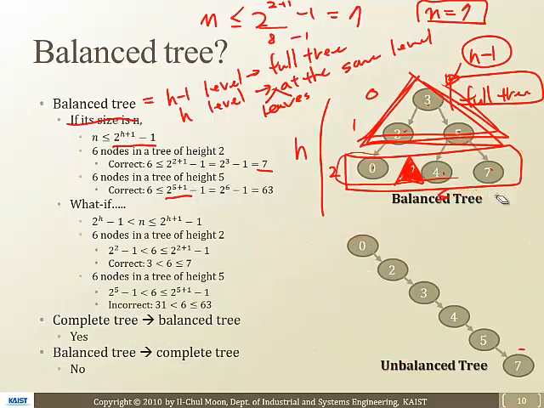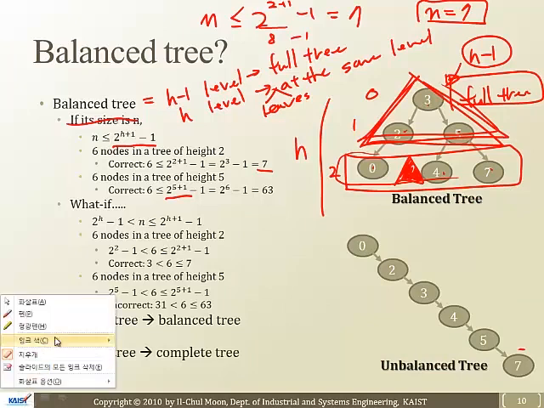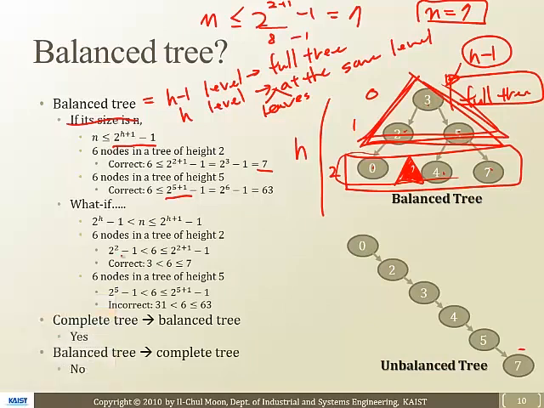If we compute the 6 nodes in a tree of height 2, we have 2^2 - 1, which is 3, and 2^3 - 1, which is 7, right? And the number of nodes n is 6. 3 is smaller than 6, and 6 is smaller than or equal to 7. So this inequality works all right.